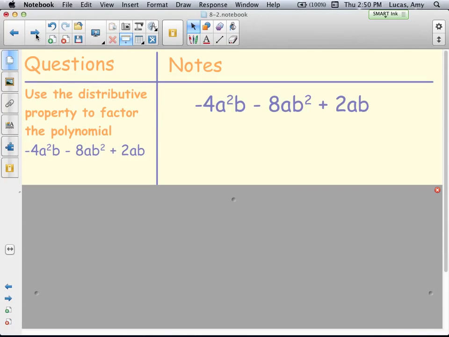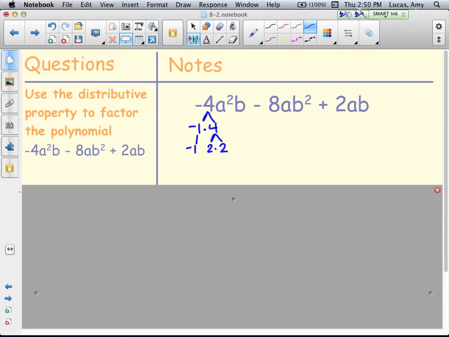Okay, use the distributive property again. So, same thing. -1 times 4, 2 times 2, A times B, 2 times 4, times A, B squared, and then 2AB.